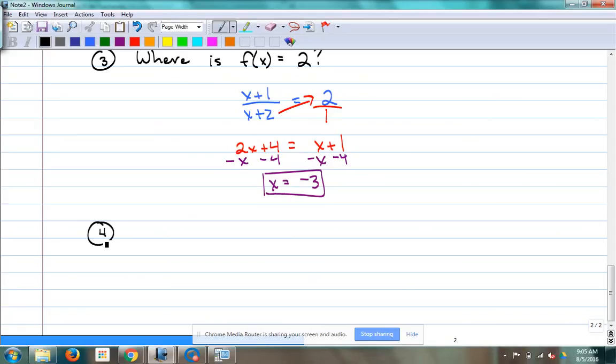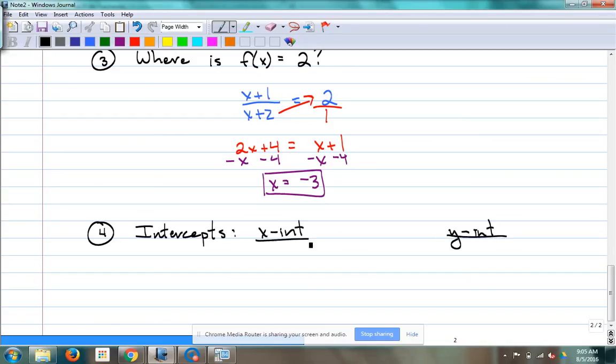Let's get to the important points. What are the important points? These are some of them. What are the intercepts? The x and y intercepts. So we got x intercepts. We got y intercept.